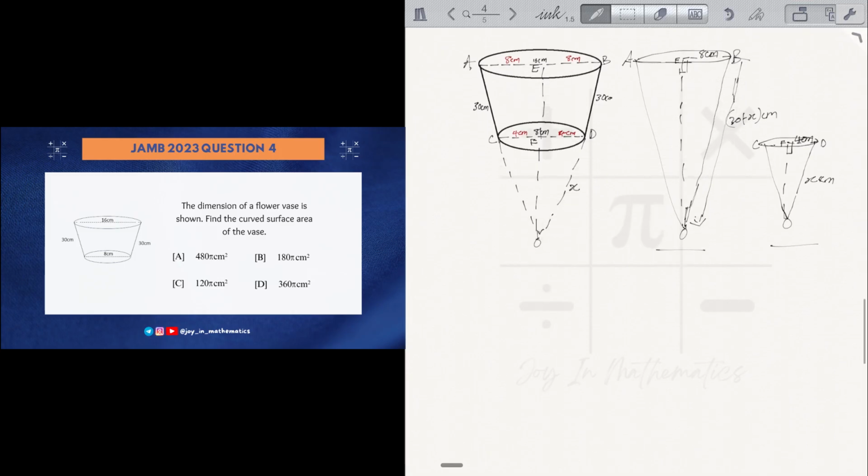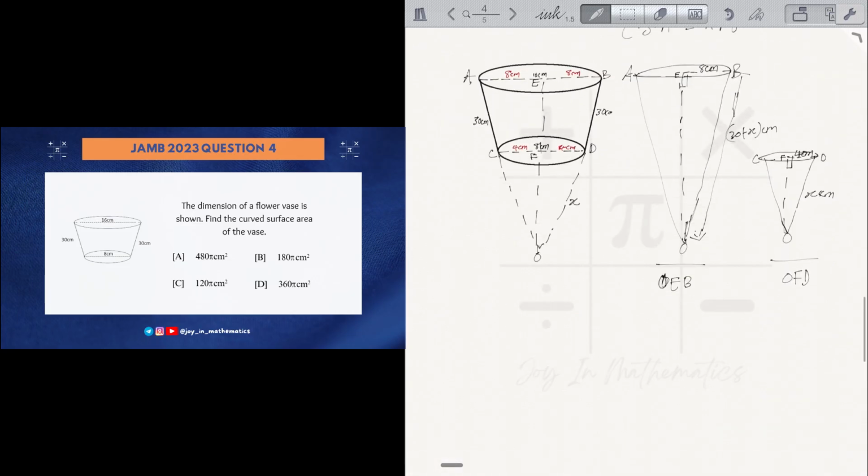So let's begin. We want to compare triangle OEB and triangle OFD. Let's draw them out again. Triangle OEB, and triangle OFD. EB is 8 centimeters. BO or OB is 30 plus X centimeter. FD is 4 centimeters.